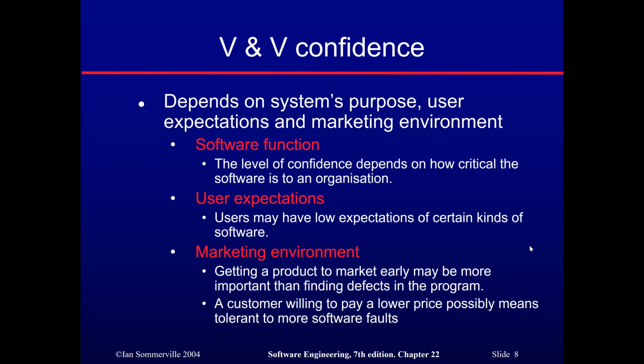Okay, let's see what the V&V confidence is in some more detail. V&V confidence depends on the system's purpose, user expectations, and marketing environment. How so? Well, let's look at the software function. The level of confidence depends on how critical the software is to an organization.